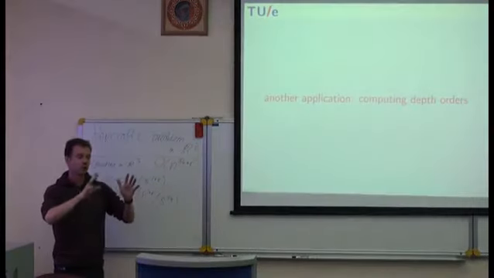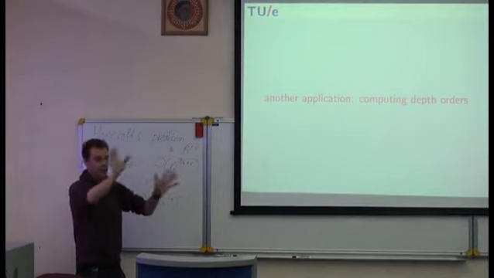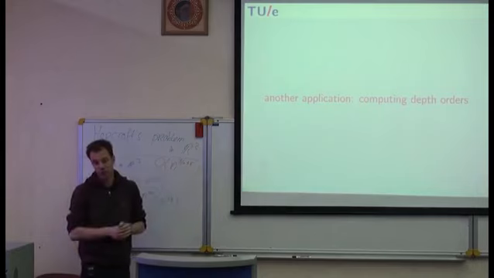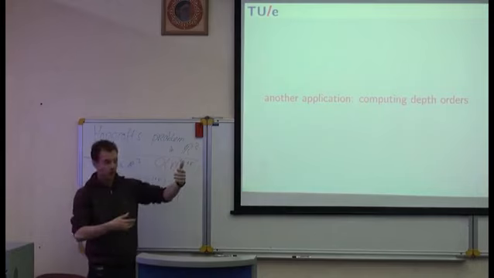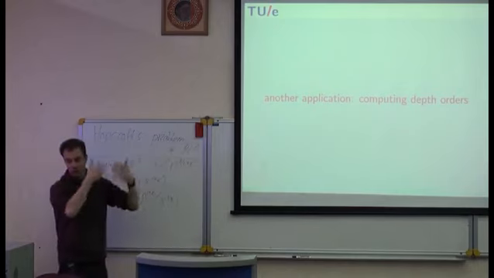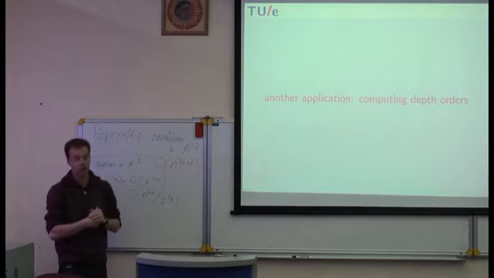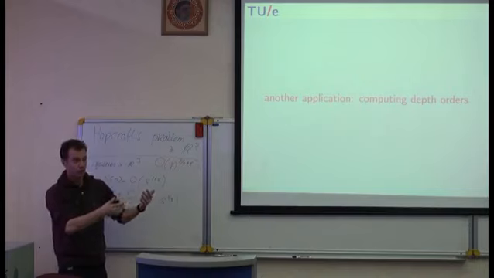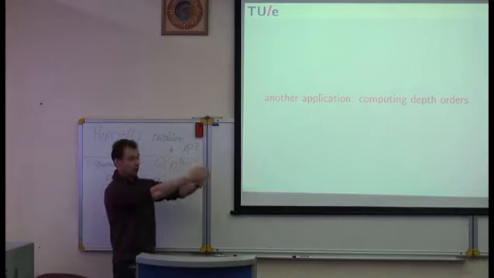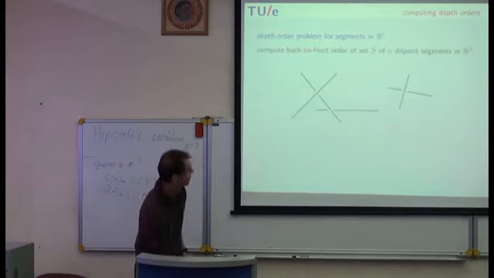Let's say you have a scene consisting of triangles, and you want to draw them on the screen. If you do it from back to front, each time drawing on top of the previous one, then in the end you have the correct view. So if you want to use this algorithm, then you have to compute this ordering. So that's what we're going to look at now.